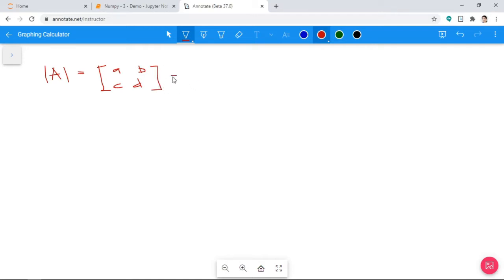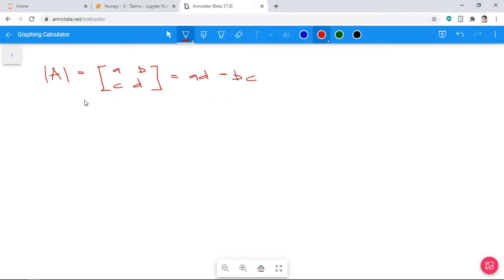So you derive this by multiplying A and D. So this will be AD minus B and C. Okay, it's the cross. So this one is BC.